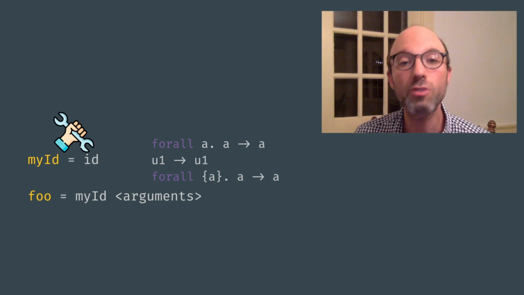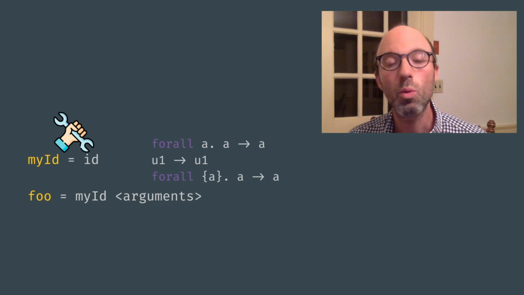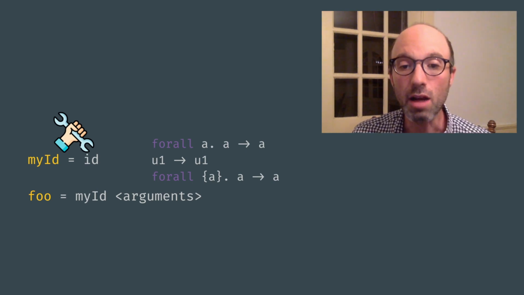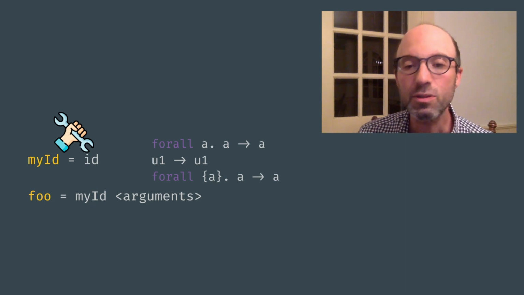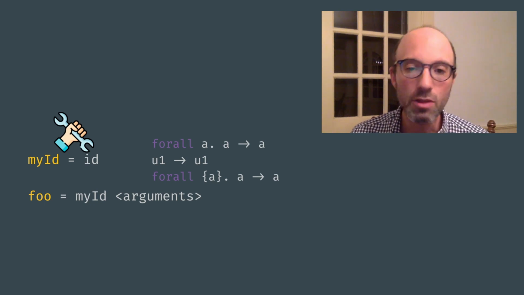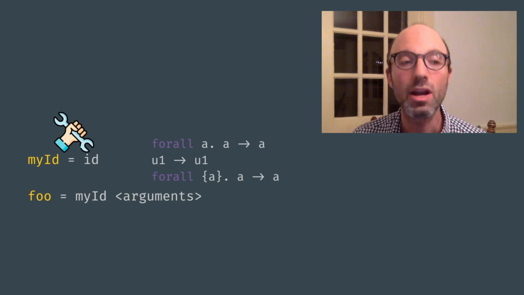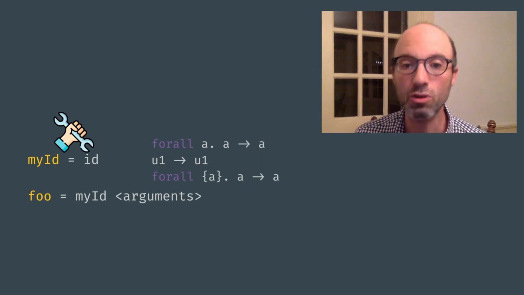So when we're inferring the type of myid, well, we're just going to take this unconstrained variable, generalize over it, and then get another polytype. The difference is in this new polytype, we see that there's these little braces around the A. That marks the A in the last polytype written here as an inferred variable. Right?